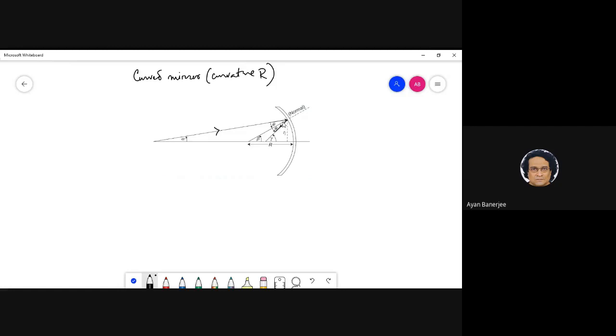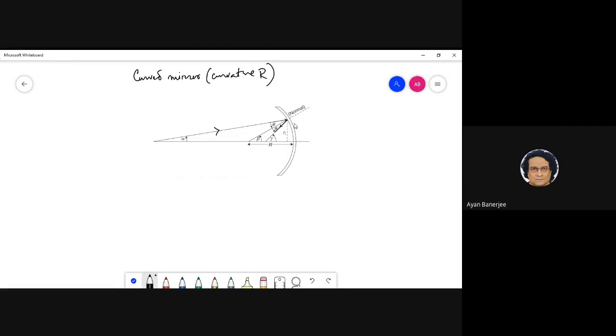So this is basically my normal, and of course the ray is reflected here. Coming here, how do I get the normal?